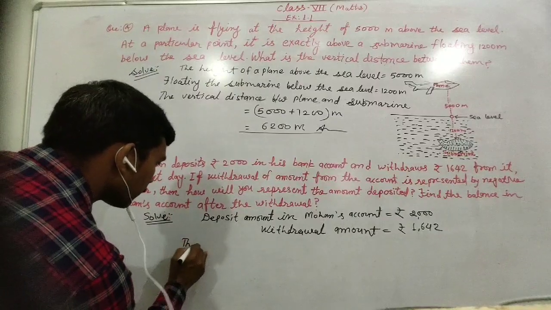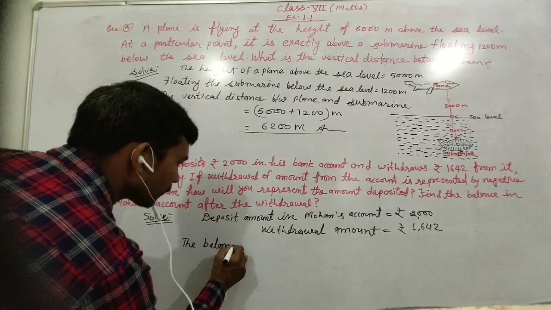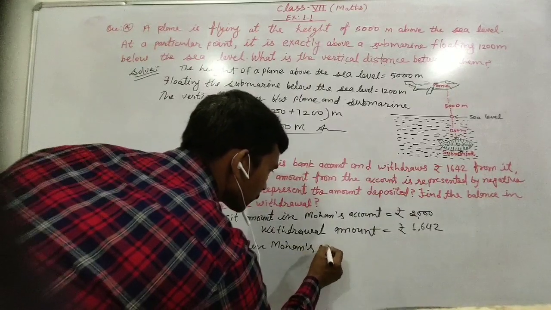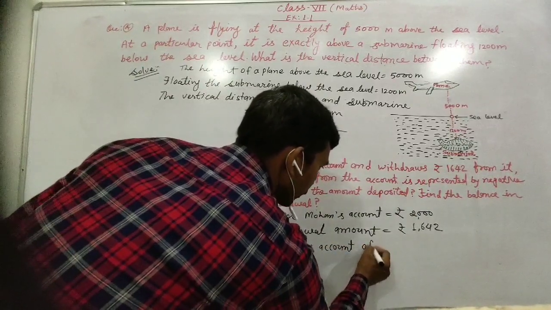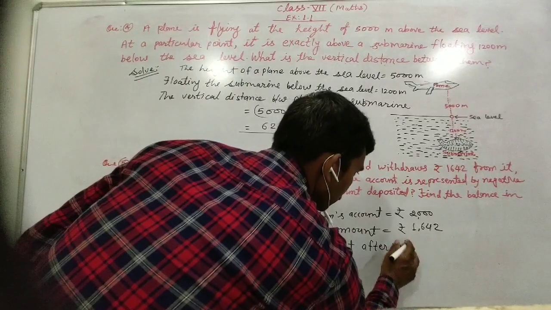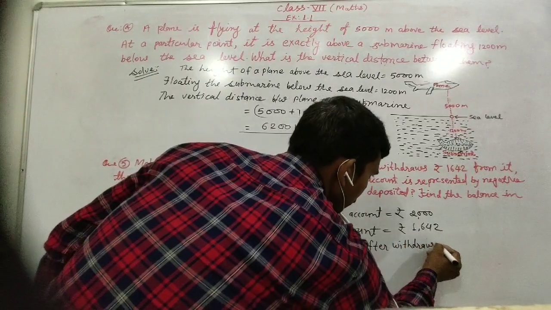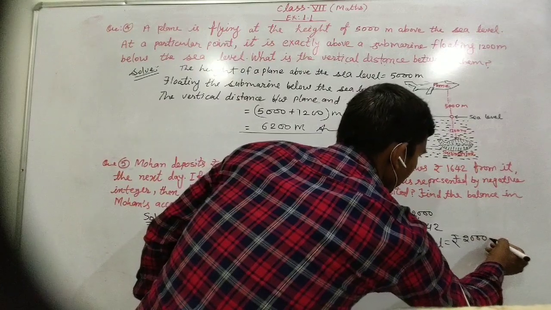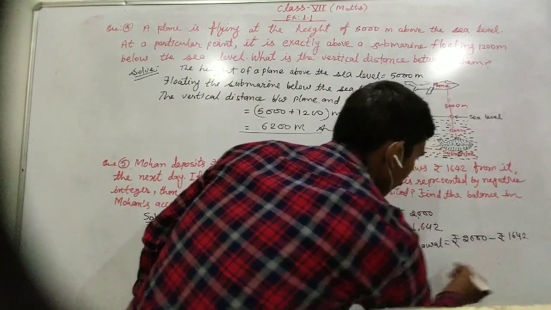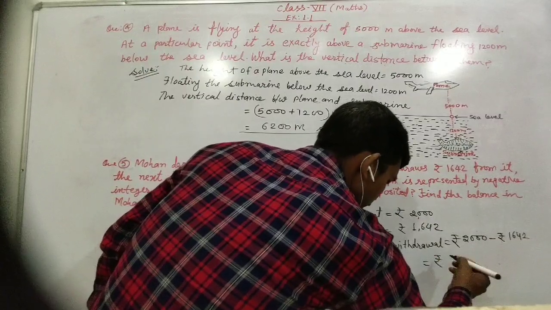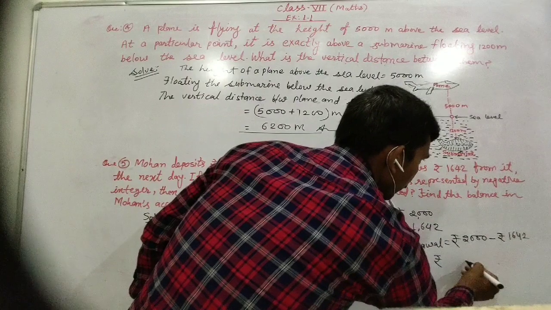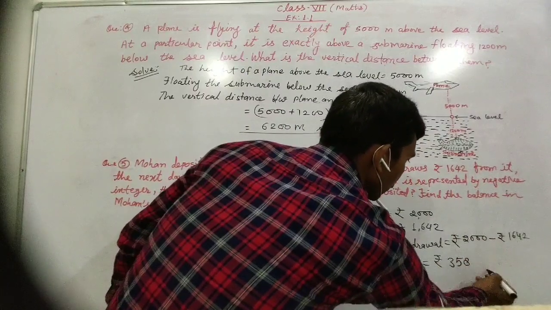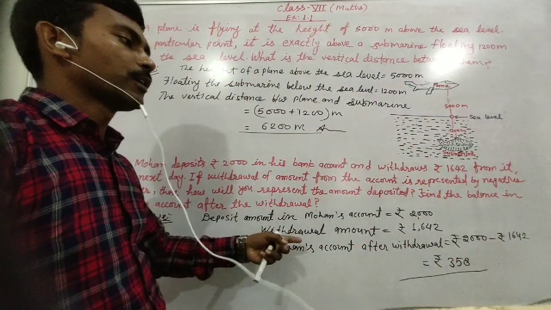The balance in Mohan's account after withdrawal equals rupees 2000 minus rupees 1642, which equals rupees 358.